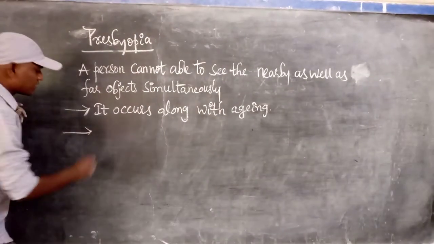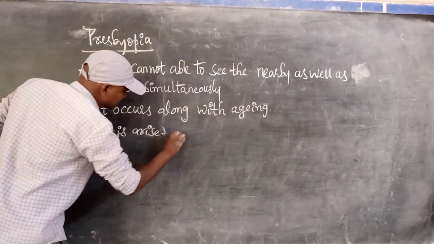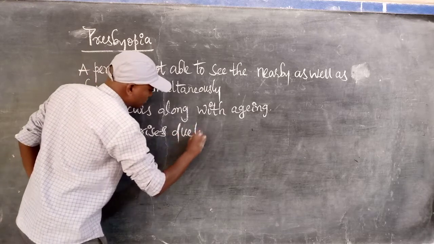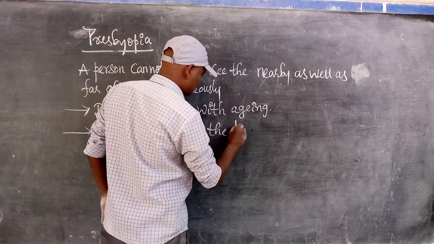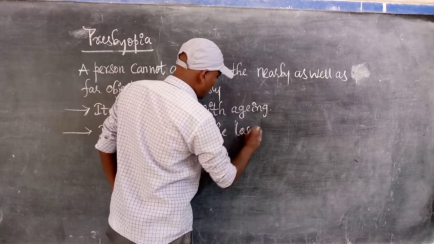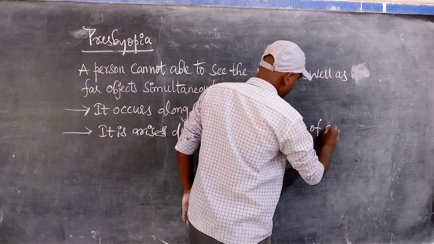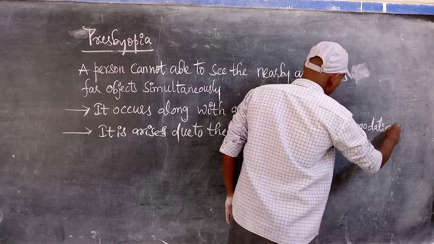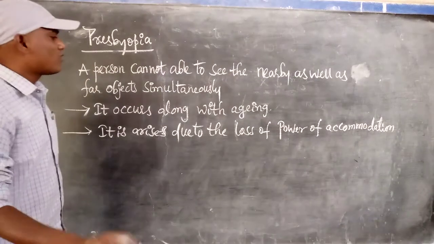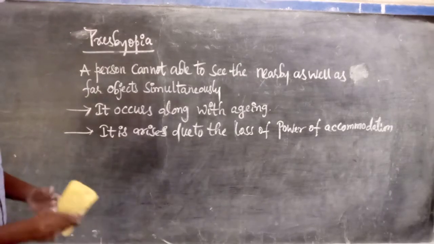That's why it arises due to loss of the power of accommodation, that is, loss of the adjusting of focal length by our lens with the help of the ciliary muscles. But how can we correct presbyopia?